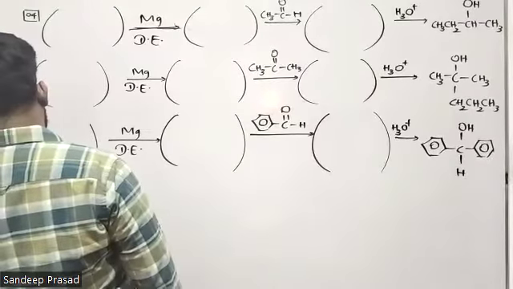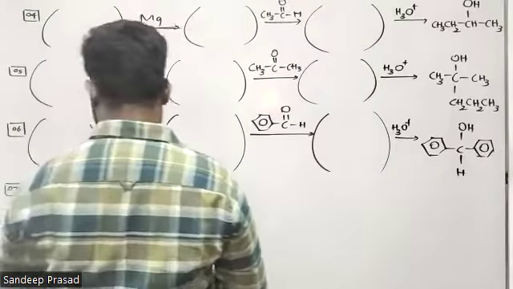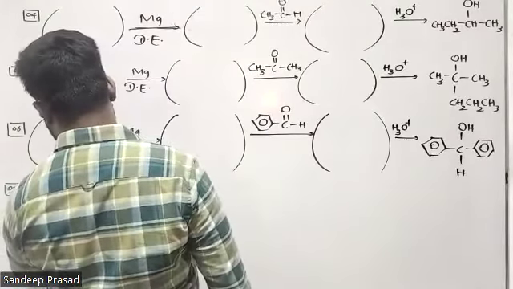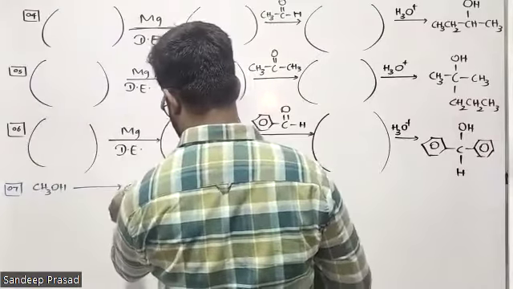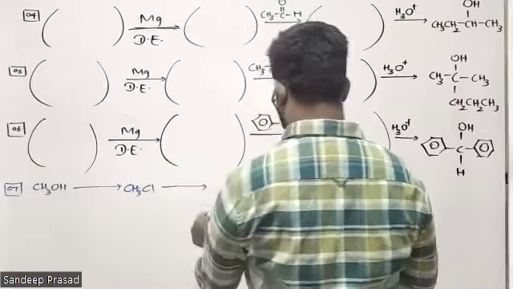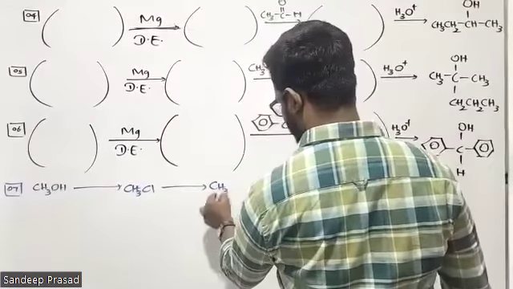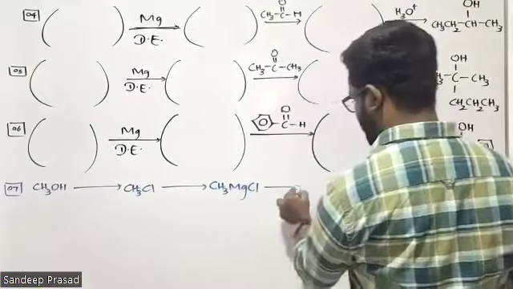The seventh one is also again a combination of reactions. CH3OH. Put the relevant compounds in the arrowhead. CH3Cl, CH3MgCl.